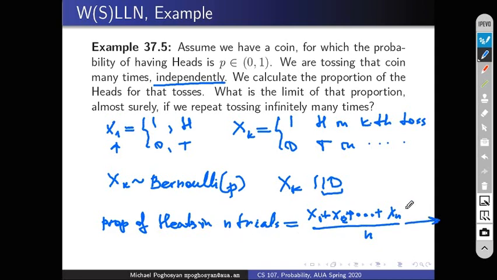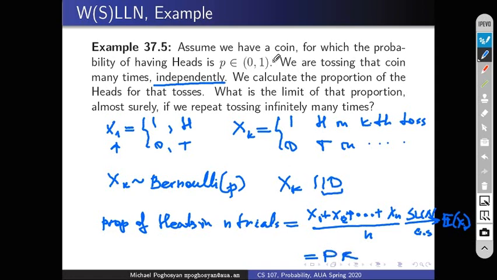And well, I need to use the strong law of large numbers. In the almost sure sense, this will tend to the expected value of x1. So what is the expected value of x1? It is the expected value of this Bernoulli p random variable, and this is p. So the proportion of heads in n trials is tending to p.